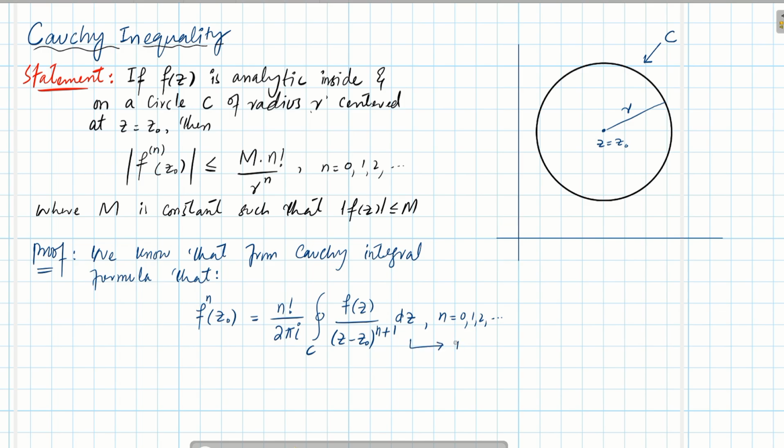Let me call this equation number 1. Got it?